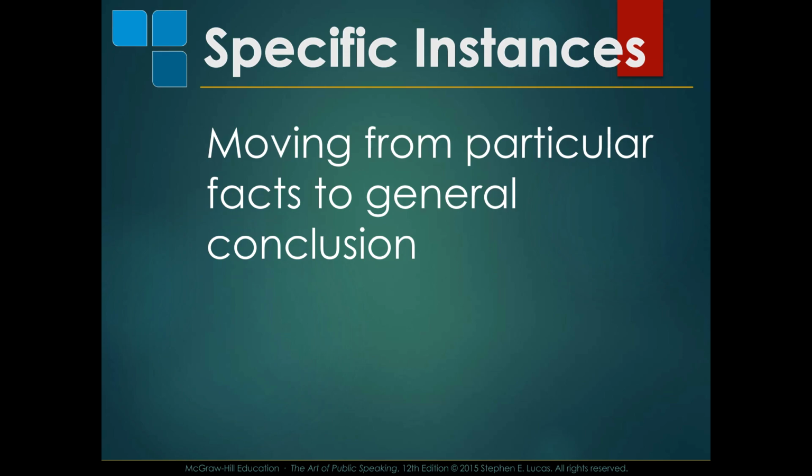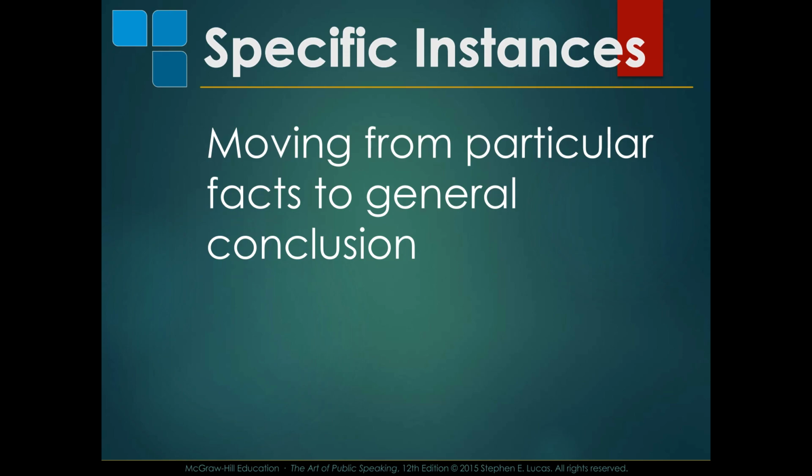Maybe you've had another logic course where they talked about inductive and deductive reasoning. Frankly, I am very glad that our book talks about specific instance reasoning and reasoning from principle, because I could never keep inductive and deductive straight in my head. Reasoning from specific instances is obvious what it is.